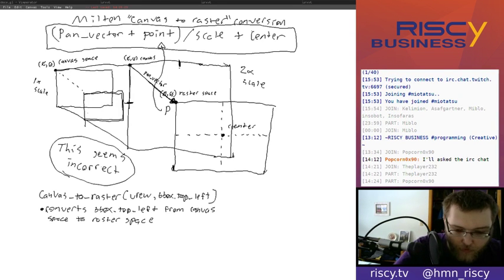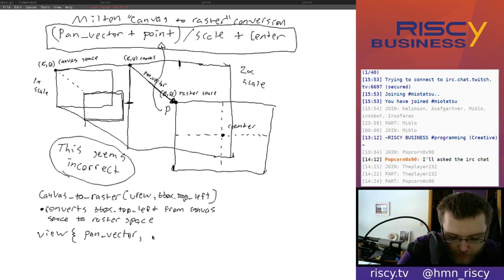So I'm just going to do a little pseudocode here and say the view contains pan vector, scale, center.